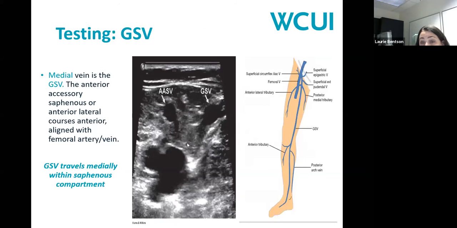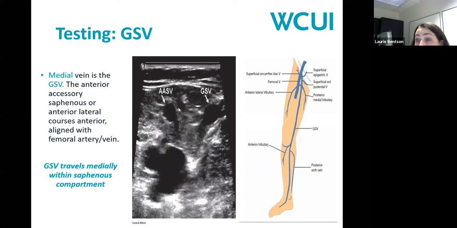The saphenous vein typically runs more medially. There are a lot of different tributaries draining into the saphenous vein and then into the deep system in the groin. It can become very confusing with so much in the groin area. It's important to recall that the saphenous vein is traveling medially, and one of the more prominent vessels that you might see in the area that could cause some confusion is the anterior accessory saphenous, also known as the anterior lateral saphenous.